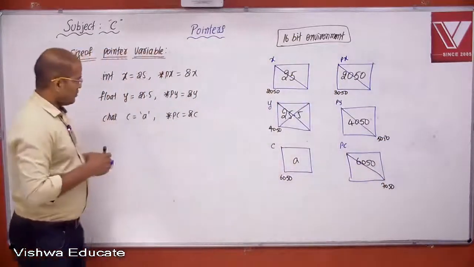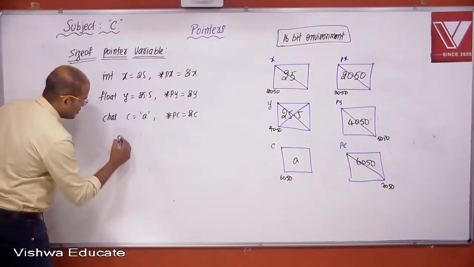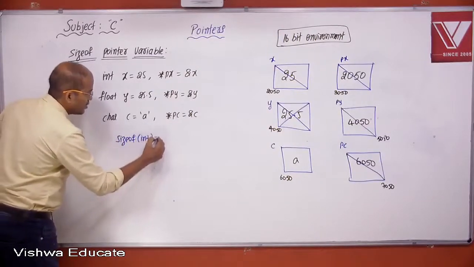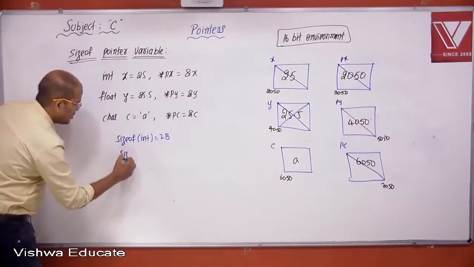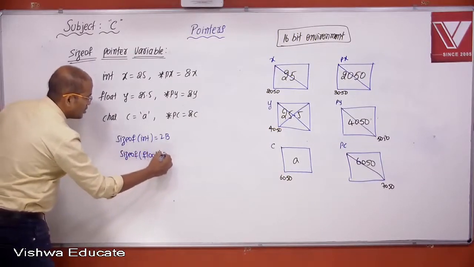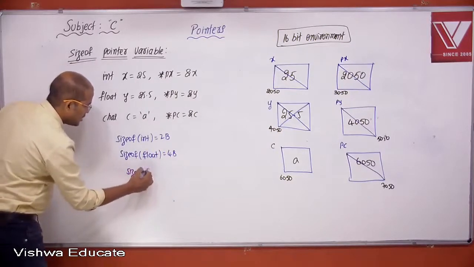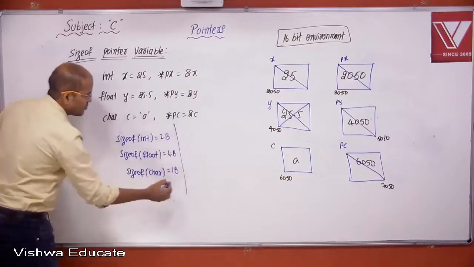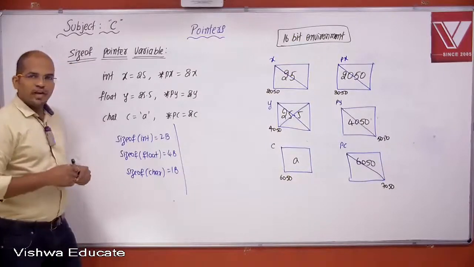So let me write some points. Size of int, 2 bytes with respect to a 16-bit environment. Size of float, 4 bytes. Size of char, 1 byte.